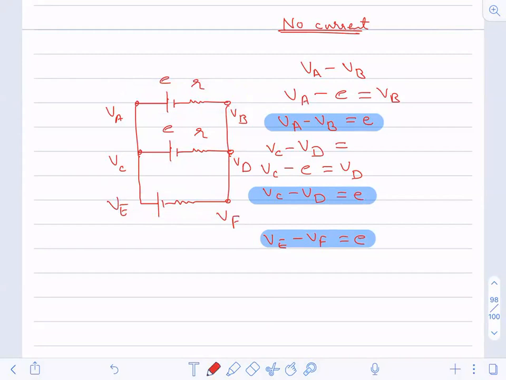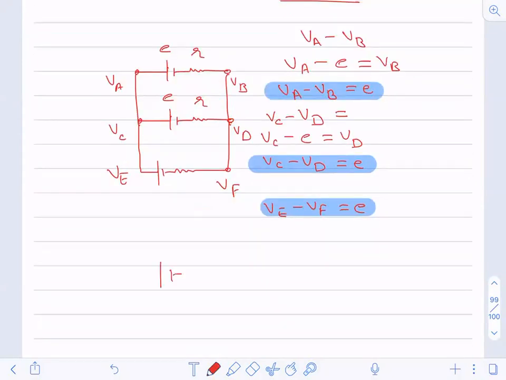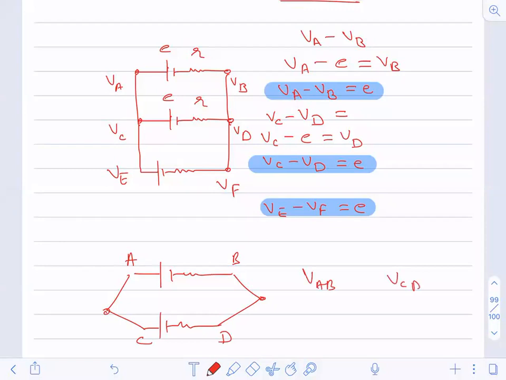If I give you a circuit like this now, and if I ask you the potential difference across AB and CD, what is the relation? Yes, tell me.